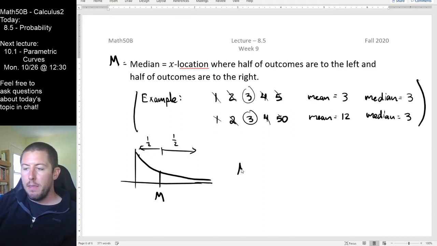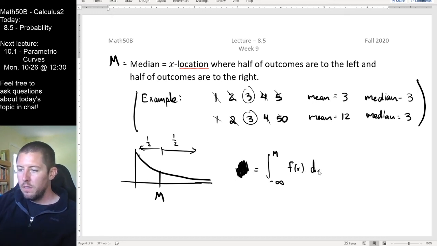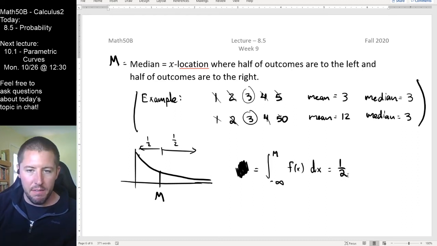So to find the median, we are going to want to accumulate all of the area up to some certain location. And that should get us half of all the outcomes, meaning half of them are to the left of that location, half of them are to the right of that location.